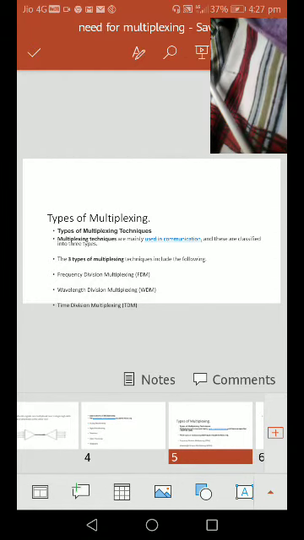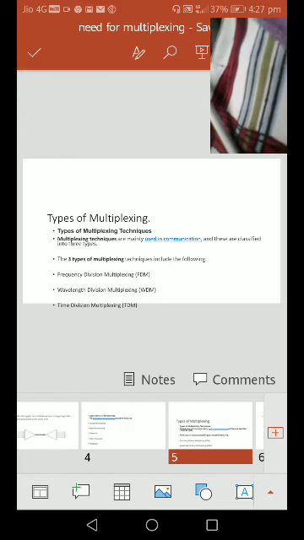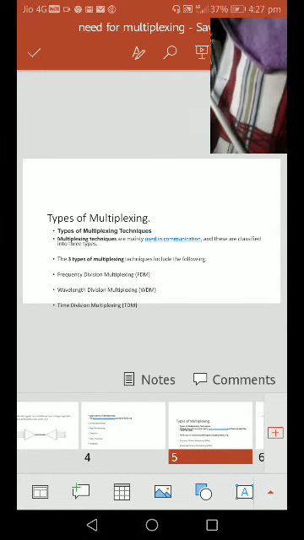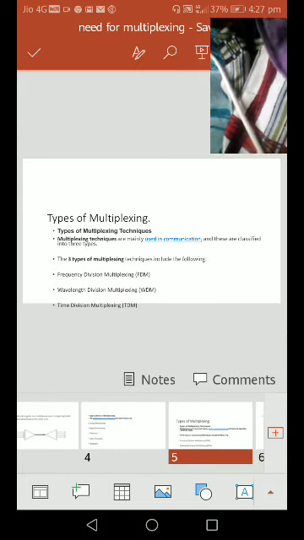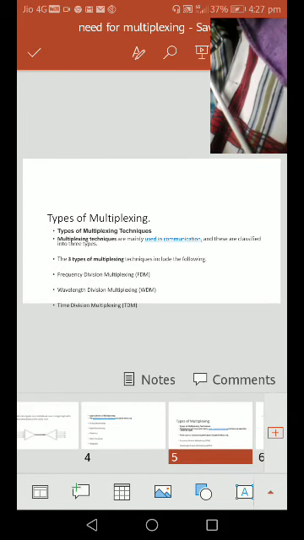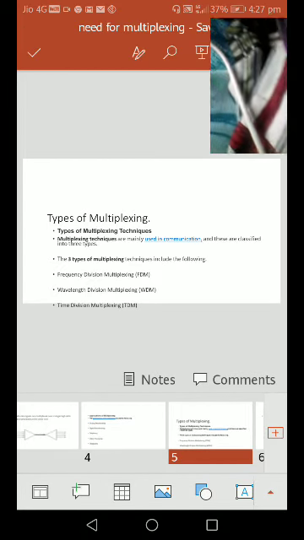These are classified into three types: FDM, TDM, and wavelength division multiplexing. In one category we use frequency division multiplexing and time division multiplexing.